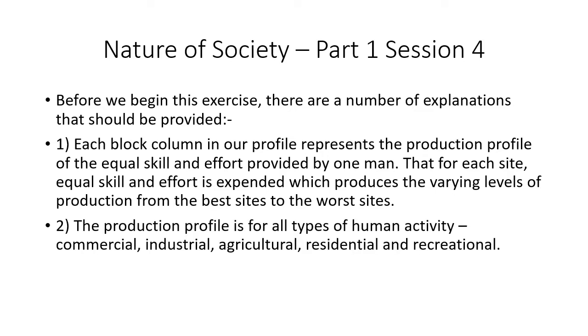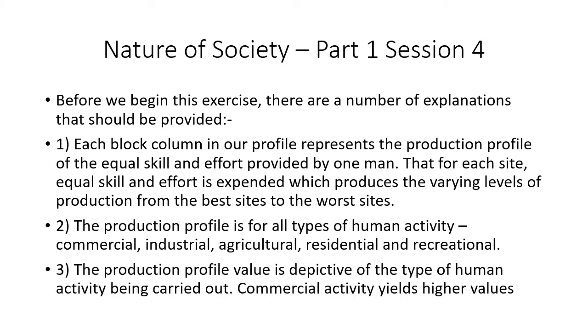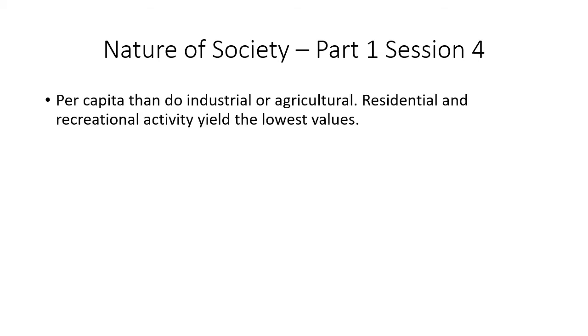The production profile is for all types of human activity: commercial, industrial, agricultural, residential, and recreational. The production profile value is depictive of the type of human activity being carried out. Commercial activity yields higher values per capita than do industrial or agricultural. Residential and recreational activity yield the lowest values.